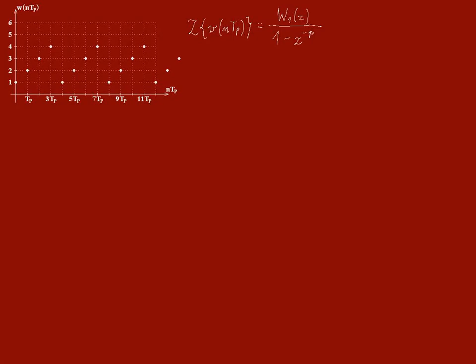And now the periodic function. I remind you here the formula for the transform of a periodic function. W1 of z is the transform of the first period of the function, that is, such a function. I will draw half-line components.